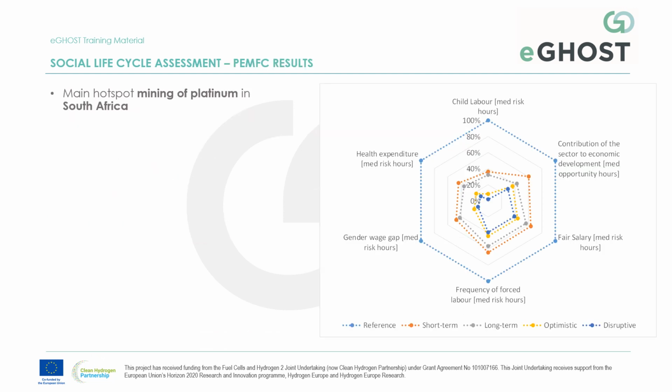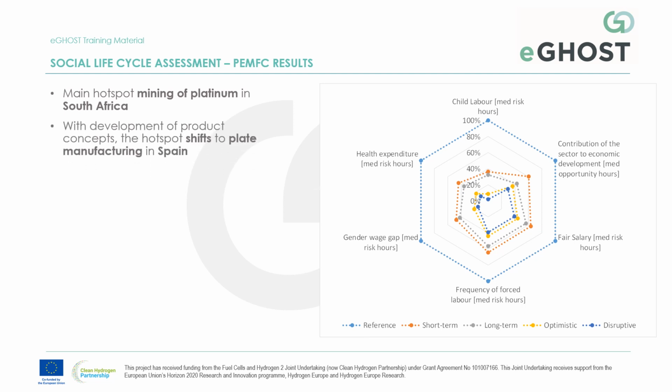So, as before, the main hotspot is mining of platinum in South Africa, but if you remember, the main problem with mining in Africa was the child labor indicator, and as you can see, we achieved significant reductions in that regard.